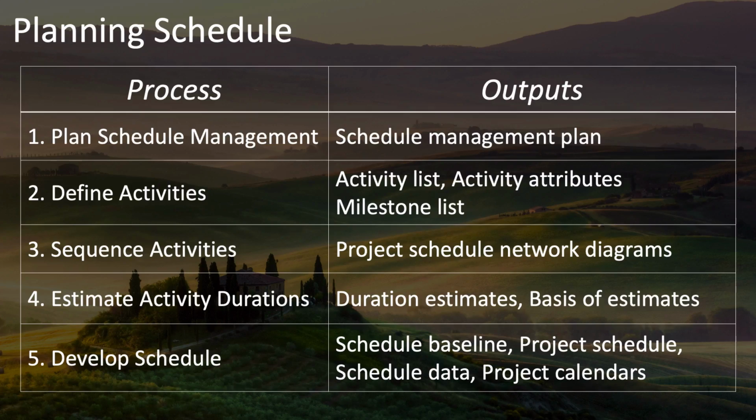Sequence activities then outputs your project schedule network diagrams, followed by estimate activity durations, which outputs your duration estimates and your basis of estimates, and finally the develop schedule process, which outputs your schedule baseline, your project schedule, your schedule data, and any and all project calendars.